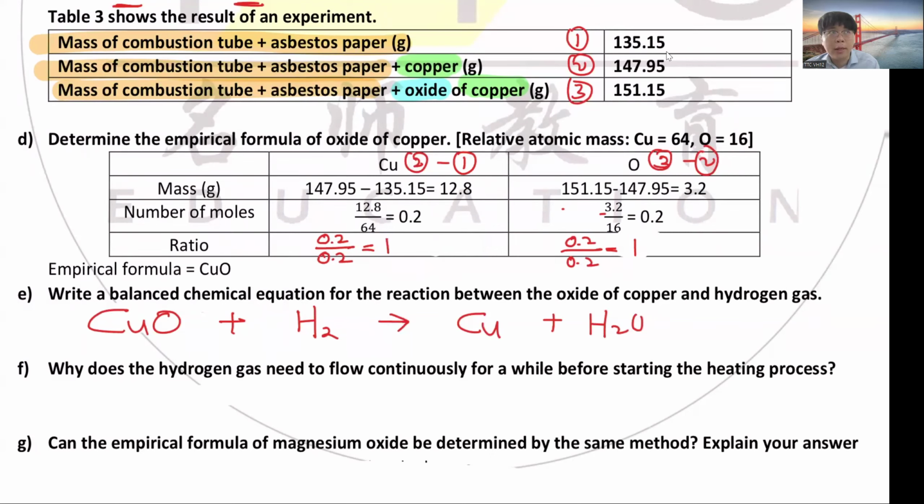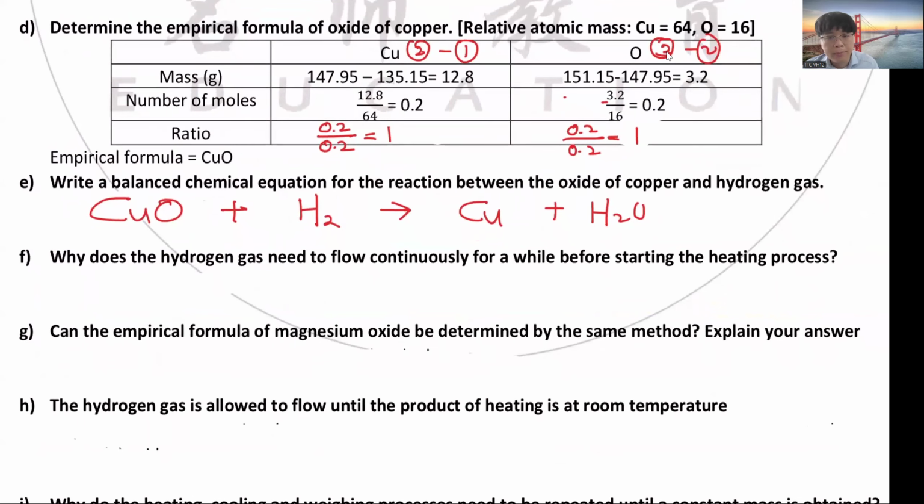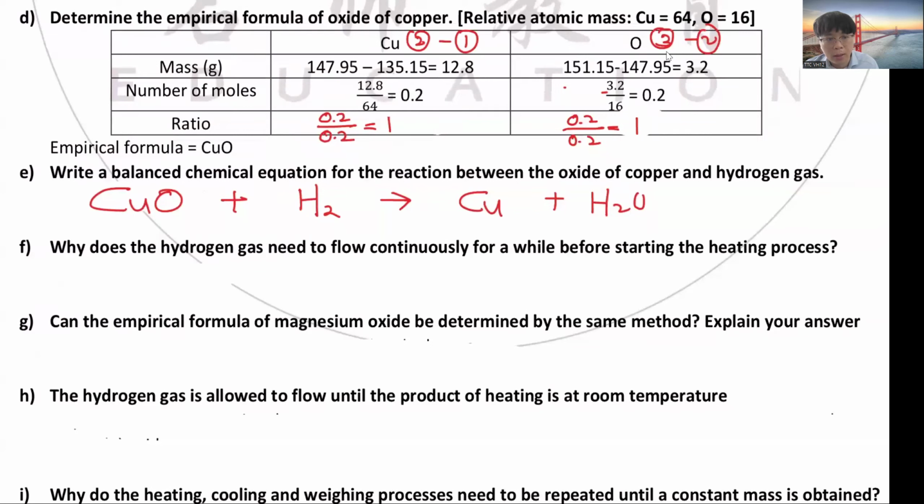For the empirical formula of magnesium oxide, they always ask you why you need to close it: to avoid the white film escaping, and why you open a bit: to allow oxygen to enter. For this one, they will ask about safety, because hydrogen gas is a dangerous gas. So you need to make sure it's safe in order to conduct the experiment.